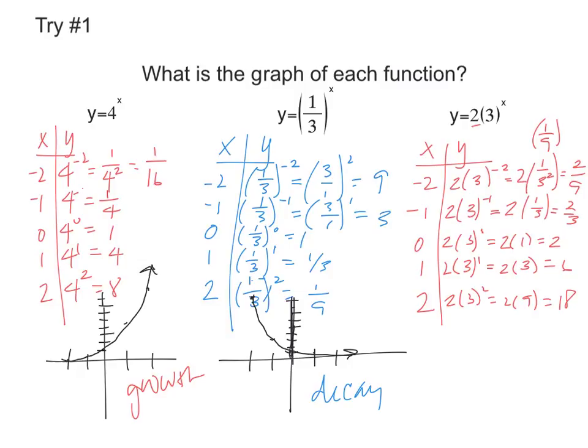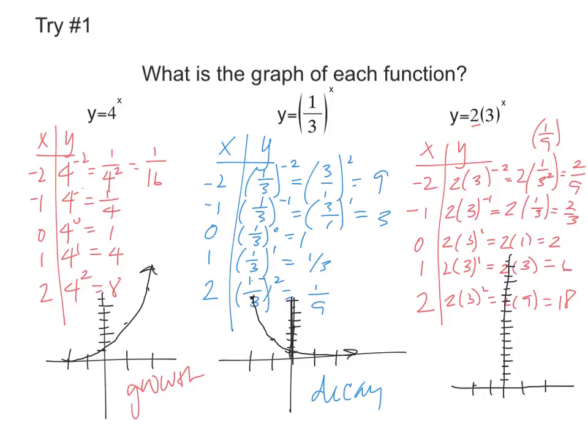Alright, so let's graph. And again, I'm going to do a little bit of a shorter graph because we really don't even need to see the negative side. Alright, so negative 2 and 2/9, still very low, lower than 2/3, we should know.